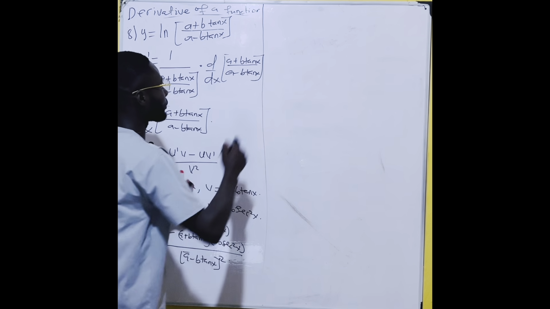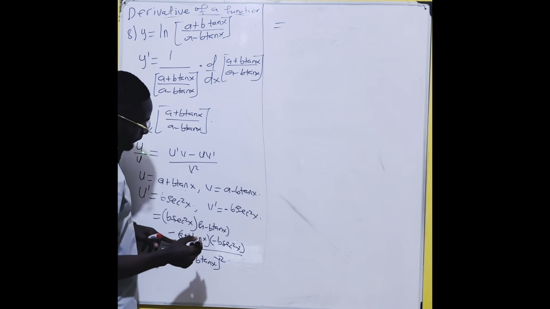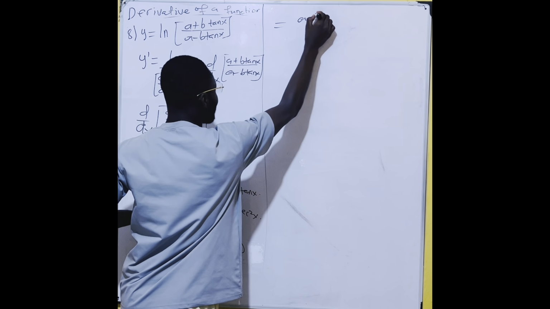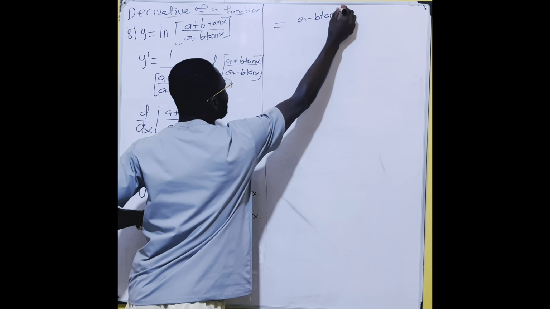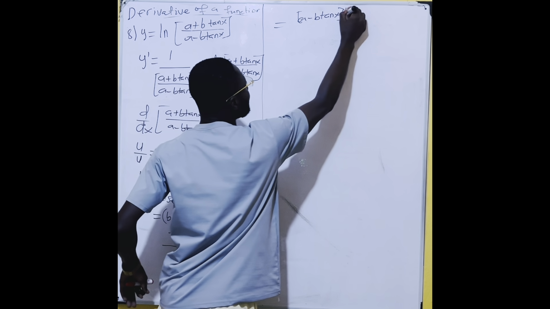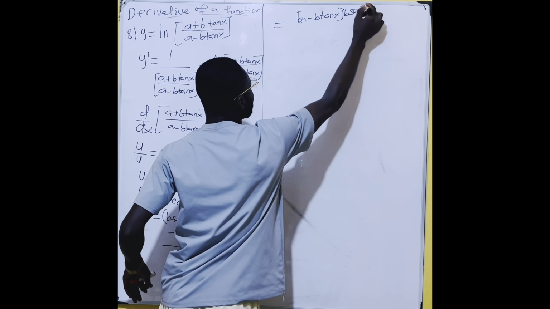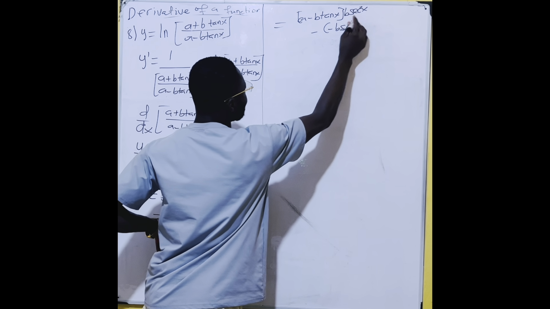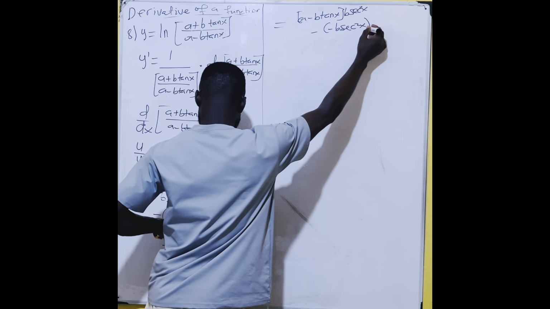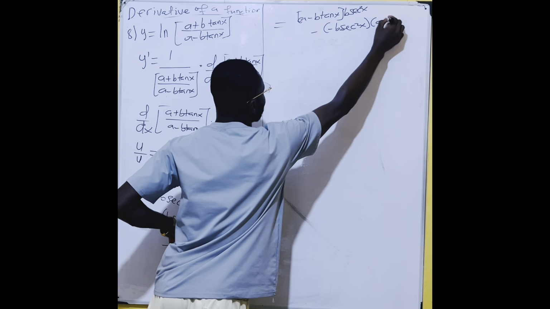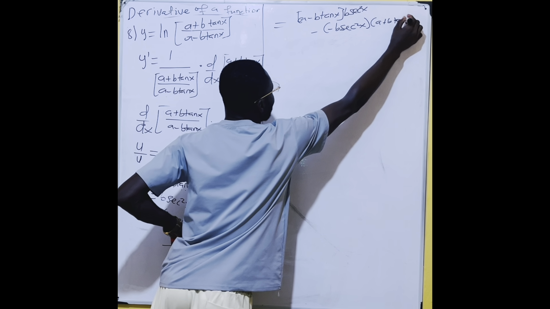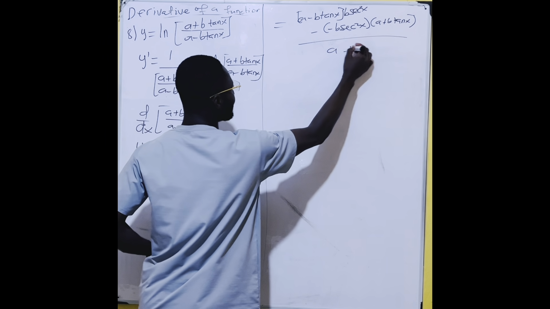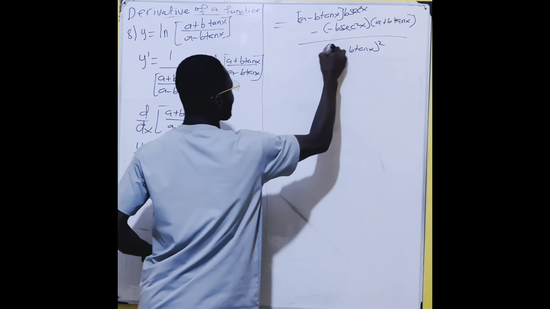So we are going to have that equal to b times (a minus b tan x) times b sec squared x, minus, into minus b sec squared x, into (a plus b tan x), divided by (a minus b tan x) all squared.